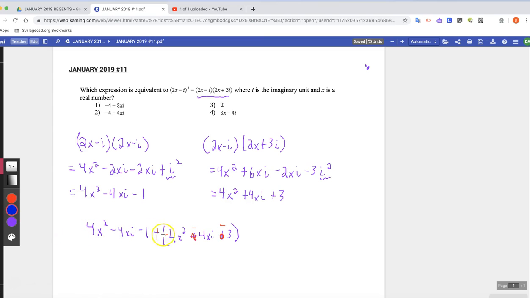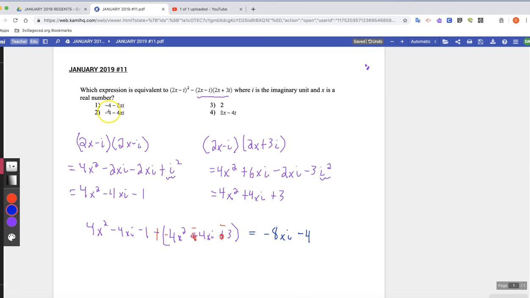So 4x squared minus 4x squared will cancel. Negative 4xi and negative 4xi would give us negative 8xi, and negative 1 and minus 3 would give us minus 4. And this is our final answer.